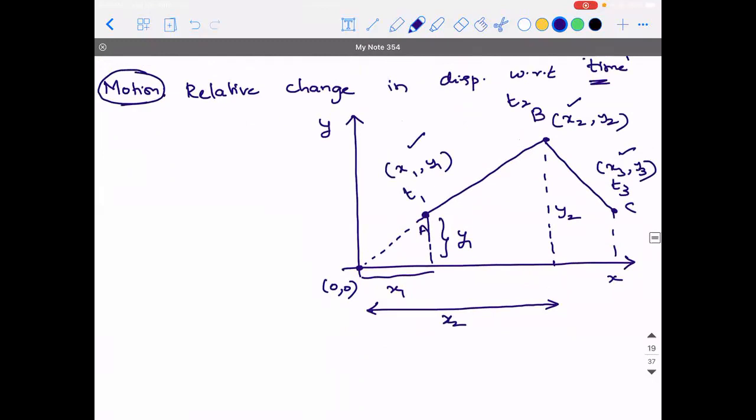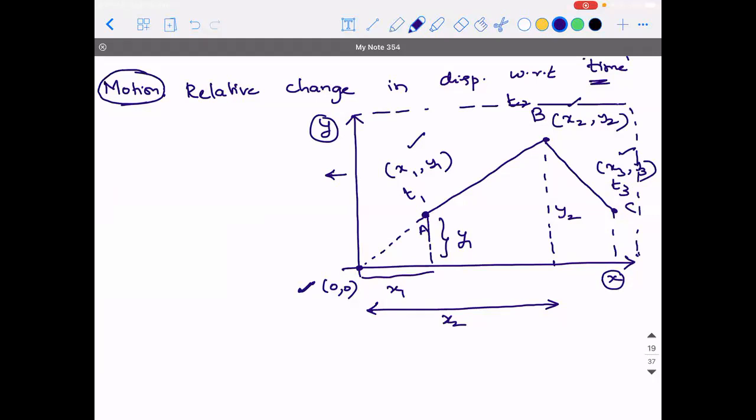Right. So here I wanted to tell you an important point. If you see, I took the reference of something, right? So I took the origin as the reference. With respect to origin, I was observing the position of the object at different instances of time. When I did that, I could see that the position of the object was changing with respect to time. And with respect to that, I drew the x-axis and y-axis, which is nothing but something like a photo frame.